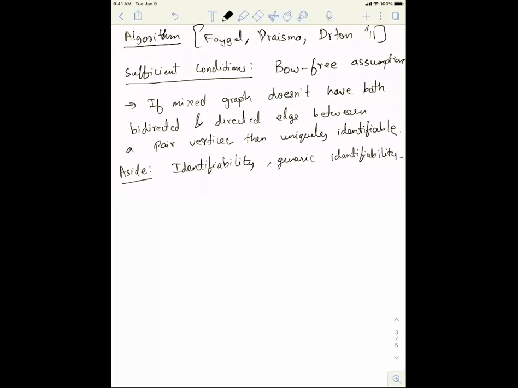This algorithm should work for almost all sigma for a given graph. In particular, the only failure cases should be a probability zero event.